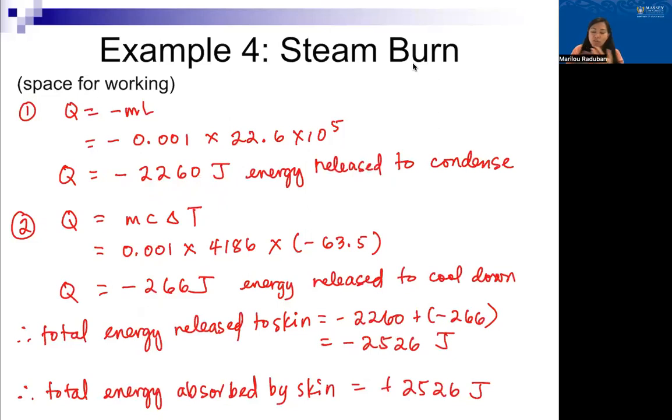So by comparing the numbers for the amount of heat absorbed by the skin, we can clearly see that steam is really more dangerous than purely boiling water.